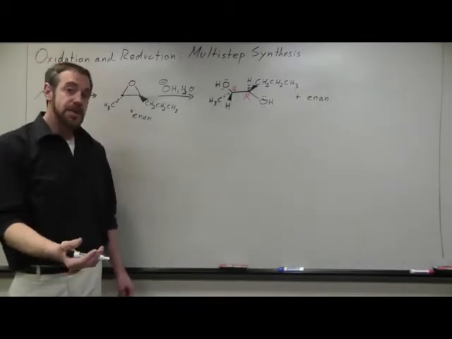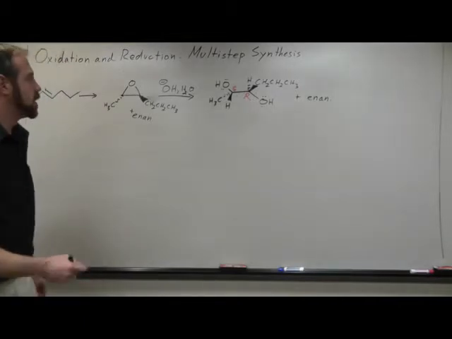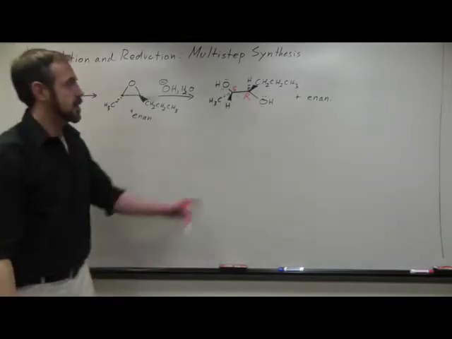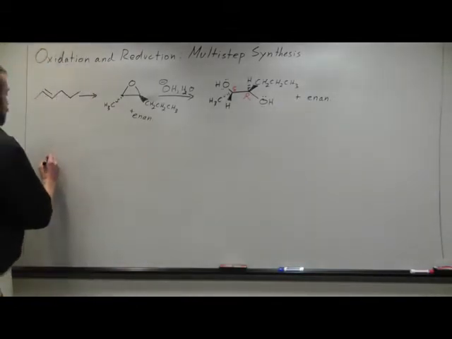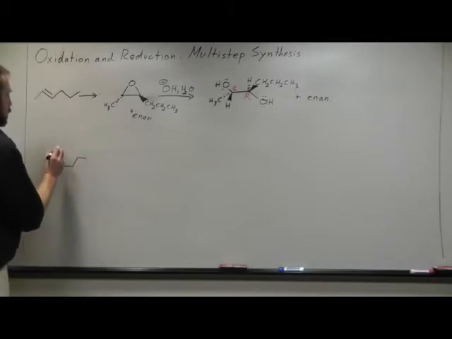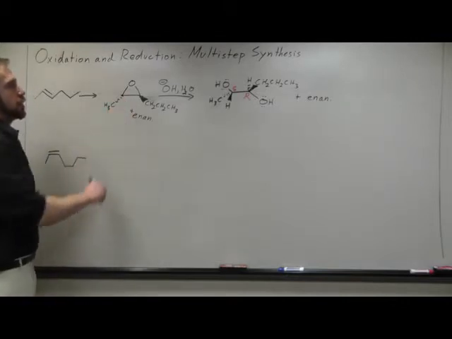Is there another approach that would make this molecule in one step? This one's less intuitive, but you could also make this molecule from the cis alkene. And so if you had the cis alkene, you wouldn't want to go through an epoxide.